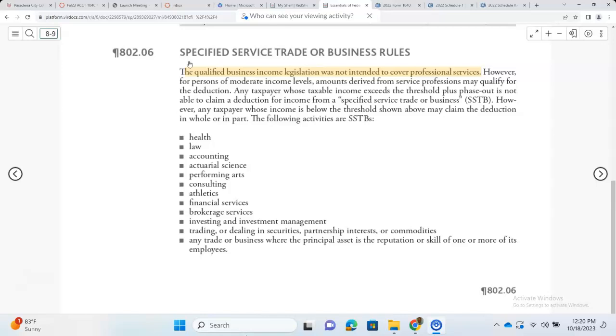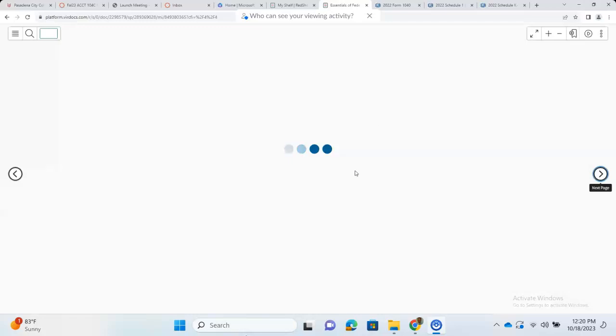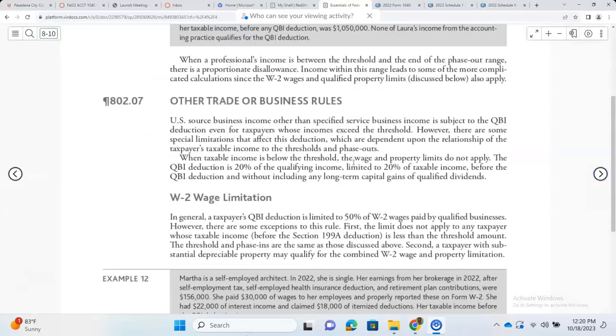But if you have the same type of business and your income is above that $340,000 threshold, then you cannot use QBI. So QBI is not for professionals unless your income limit is below this specific threshold.